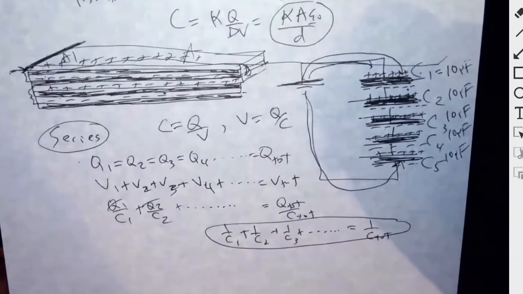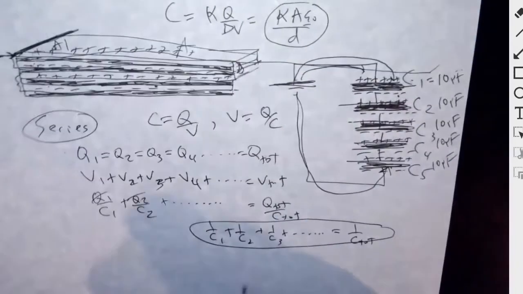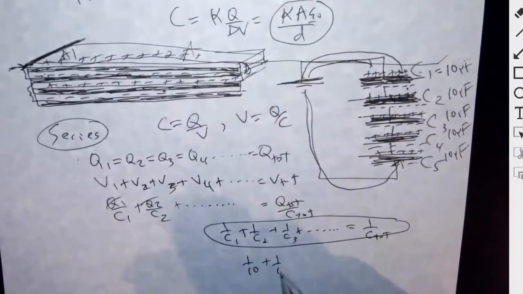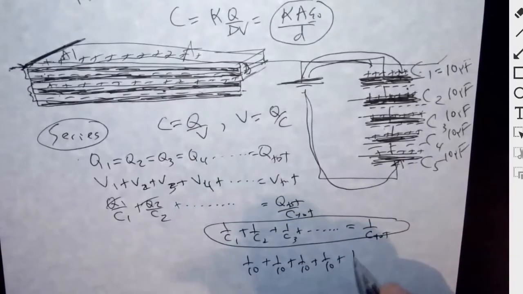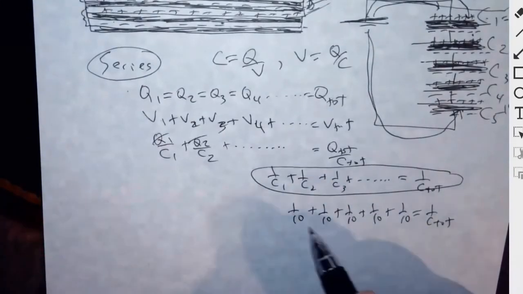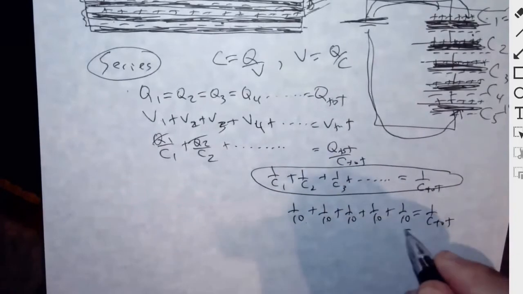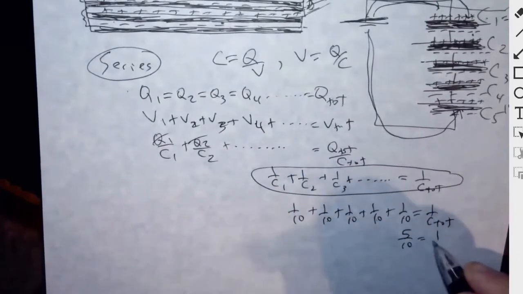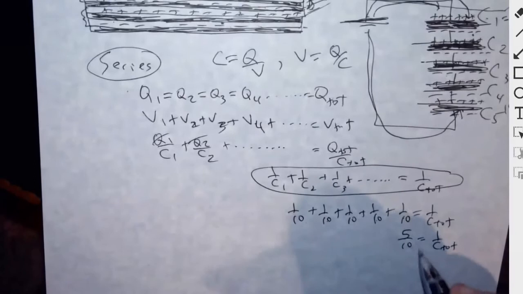So if you had 5 identical ones, what would happen? 1 over 10, 1 over 10, 1 over 10, plus 1 over 10, plus 1 over 10. What would the net capacitance be? Let's see, what is that? 1, 2, 3, 4, 5. 5 over 10, which would be 1 over 2.